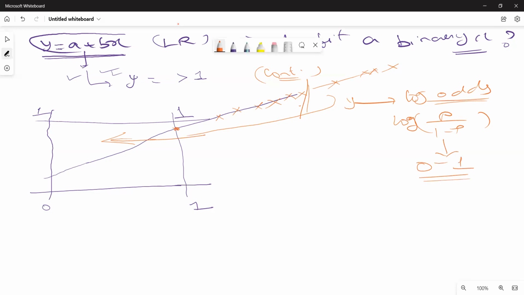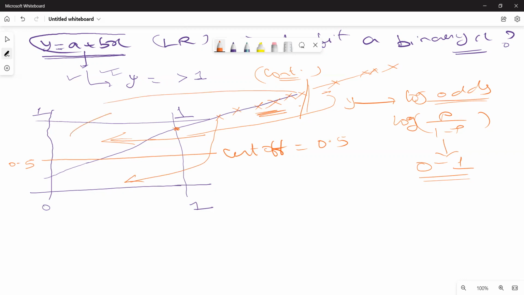So now if I take my cutoff to be 0.5, since this is the middle point, there are chances that some of these values will be in this region and some in this region.